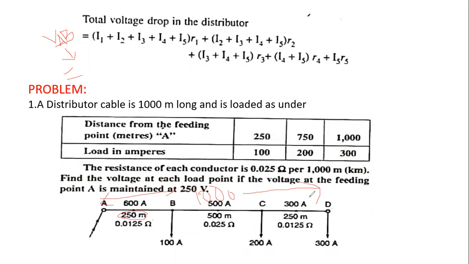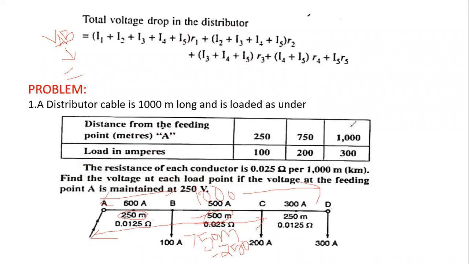From A to C, the distance is 750 meters. Then we calculate the distance between B to C. That is 750 minus 250, which is equal to 500 meters.